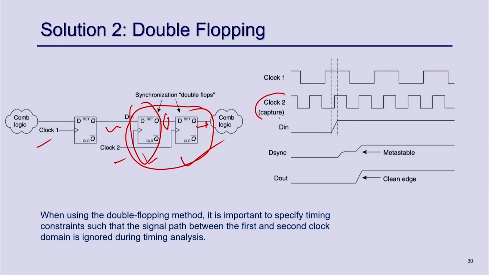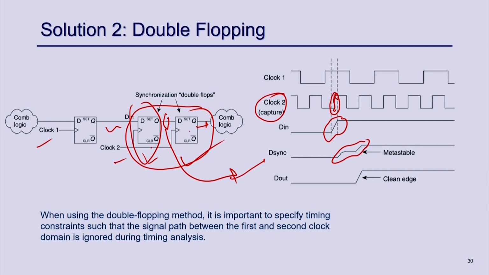This is your capture clock, that is clock 2, and whenever the positive edge triggers, there may be changes in data that might create some metastability at this point, the first flop.